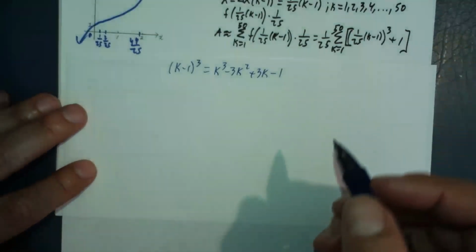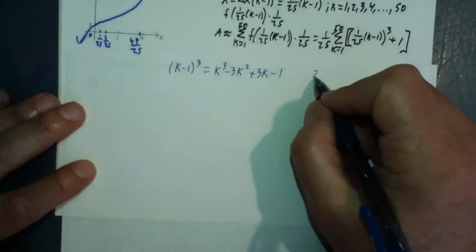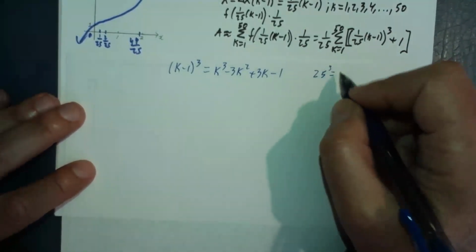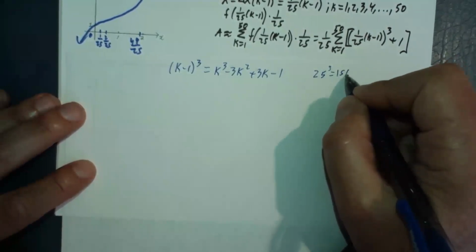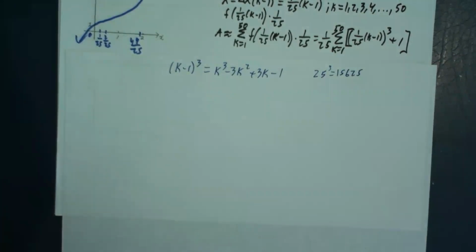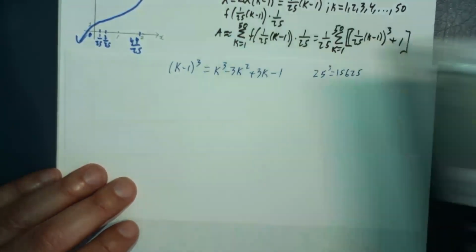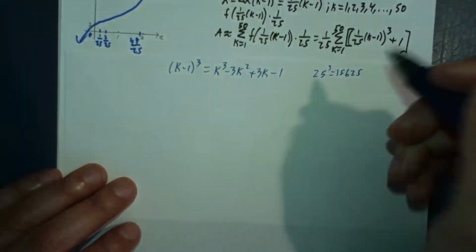All right. Now, 25 cubed is 15625. I will show you. 25 cubed, 15625, because that has to get cubed.